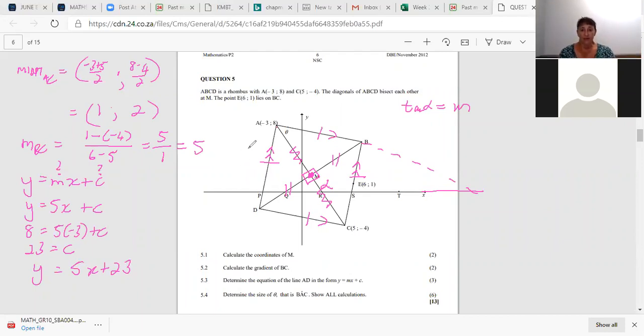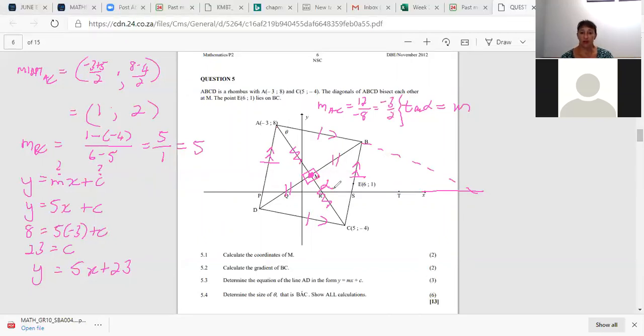All right, so if we applied that here, that means we would need this gradient, the gradient of AC. So let's find the gradient of AC first. 8 minus minus 4 is 12. Minus 3 minus 5 is minus 8. And that simplifies to minus 3 over 2.